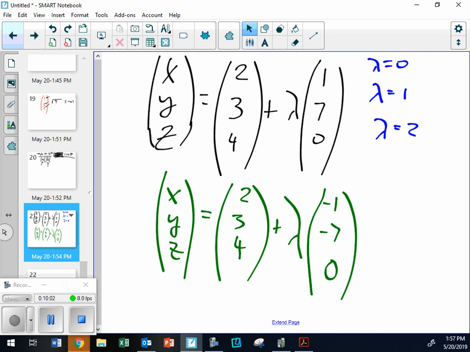At time 0, it's pretty easy. Where are they at time 0? 2, 3, 4. Good. Where are they at time 1, Mr. RH? You do it in your head, just do it fast. Yeah. You're putting in a 1 right here.